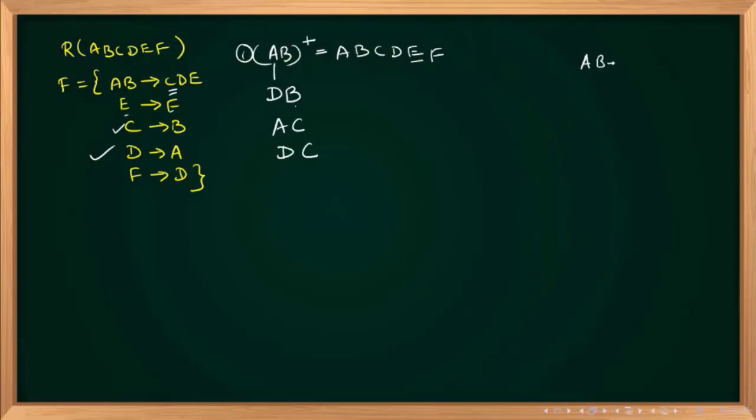So AB gives CDE is equivalent to AB gives C, AB gives D, AB gives E. This is the decomposition rule. So instead of C, what can you substitute? AB. But we will not substitute. Why? Instead of C, if you substitute AB, you will get an already existing candidate key. So I will avoid that. It will not add any value to my answer.